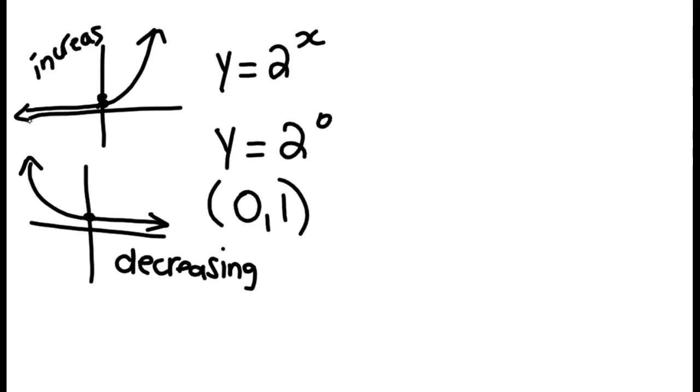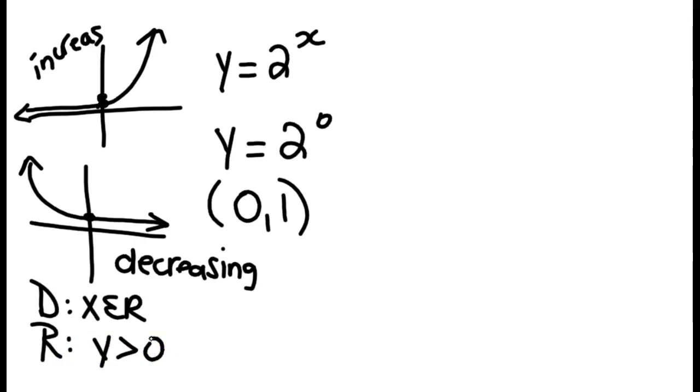I said our domain is always x is an element of the real numbers because it just goes on. And our range means y has to be greater than 0, and then it just goes up and up, and we don't know where it ends. But it doesn't go past the x-axis.